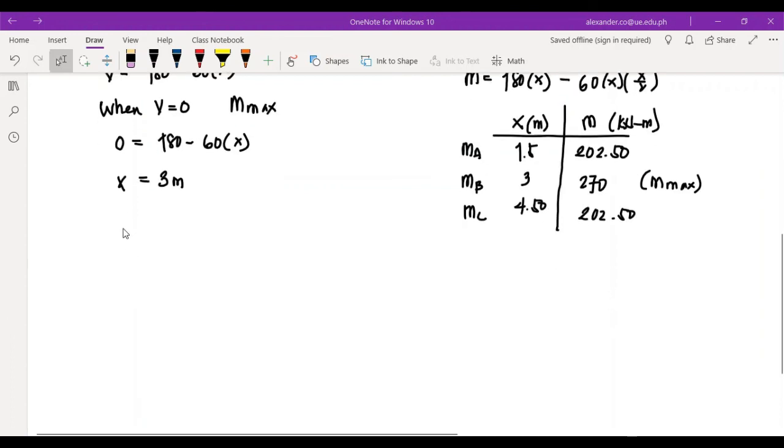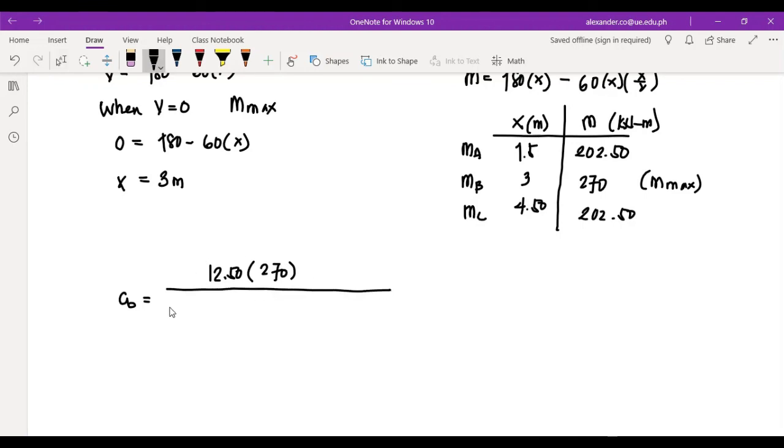So let's write C sub B again. The equation is 12.5 times Mmax, which is 270, all over 2.5 times 270 Mmax plus 3 times M sub A, 202.5, plus 4 times M sub B, which is also equal to Mmax, plus 3 times M sub C. M sub C is also 202.5.